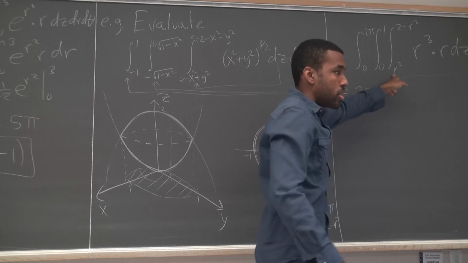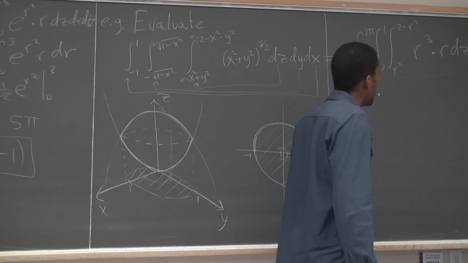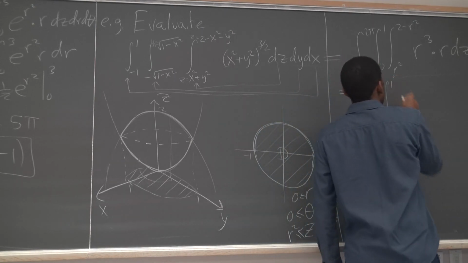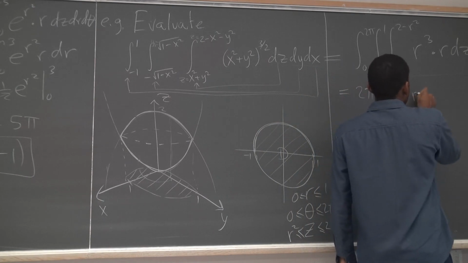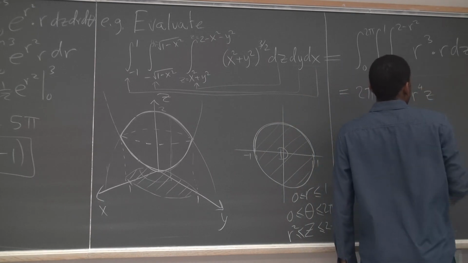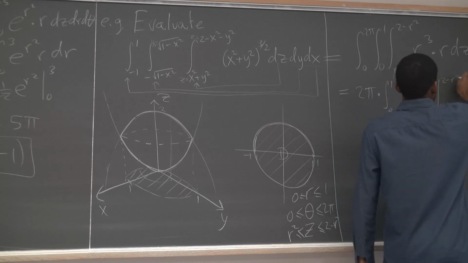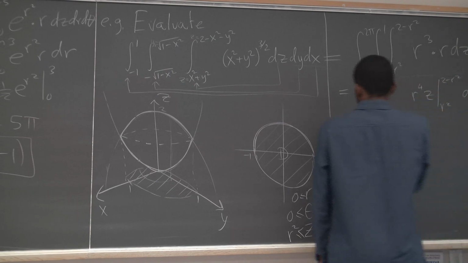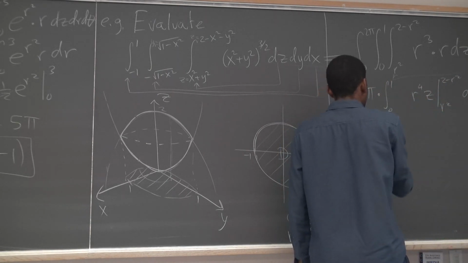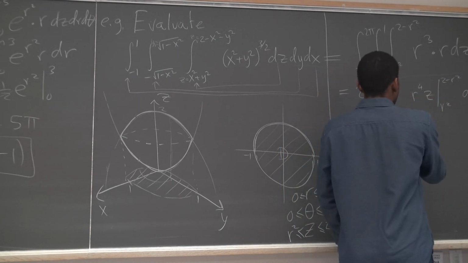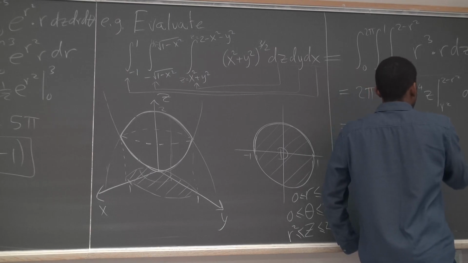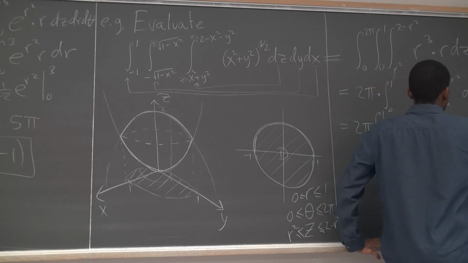It will actually change the function, so I can't do that. I have to just slow down and actually evaluate everything. So 0 to 1, this is going to be r to the 4th times z, integrating with respect to z. This goes from r squared up to 2 minus r squared, dr. So it's r to the 4th times 2 minus r squared minus r to the 6.